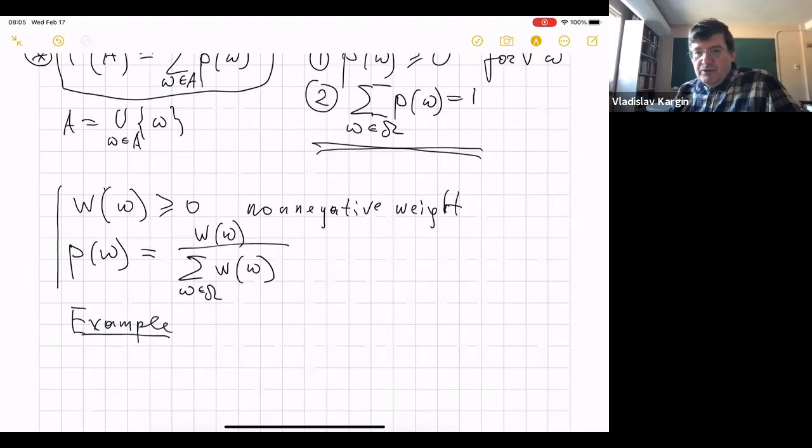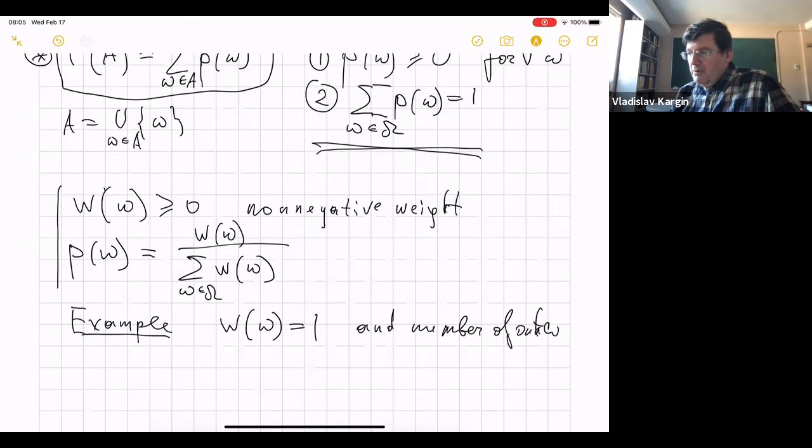So if you assign equal weights, for example weights equal to 1 to each outcome, and the number of outcomes is equal to n, then the probability of omega is equal to 1 divided by n, right?